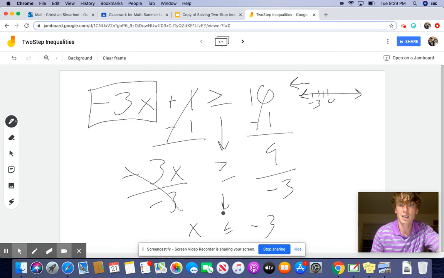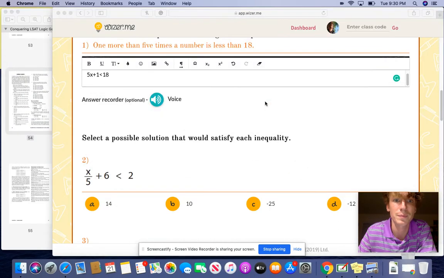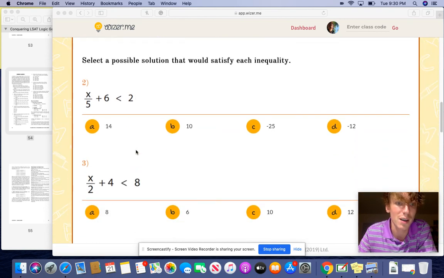So anything -3 and less than, those are all answers. So our answer could be -3, it could be -4, it could be -5, it could be -6, it could be -6.6. Who knows? Okay, there's a lot of different answers. So when it's asking you which possible solution would satisfy this, keep that in mind, okay? It might not be the answer that's obvious.